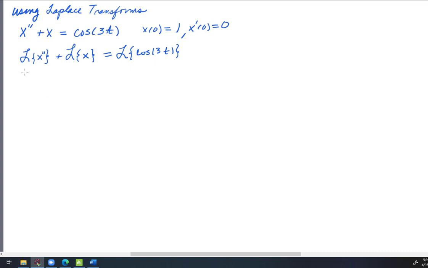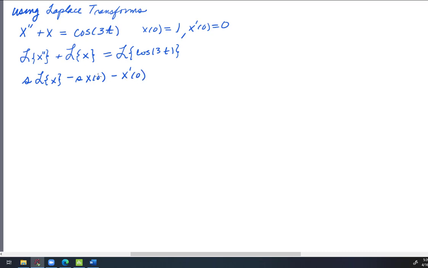Now we have a derivative theorem that tells us about expressing the Laplace of x double prime. And so using that theorem, this would be s Laplace of x minus s x of 0 minus x prime of 0.